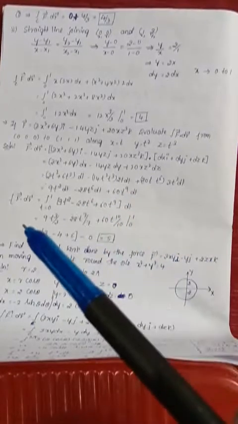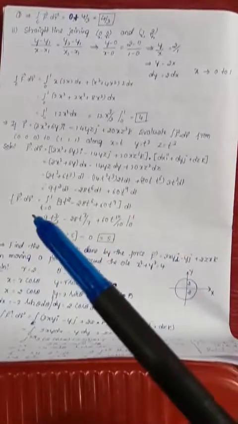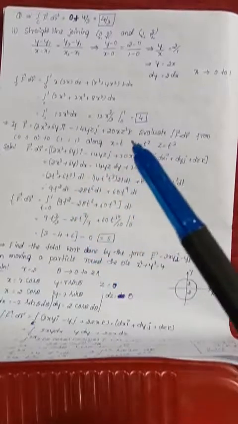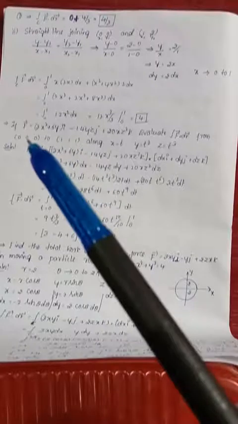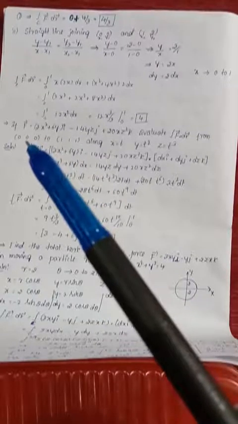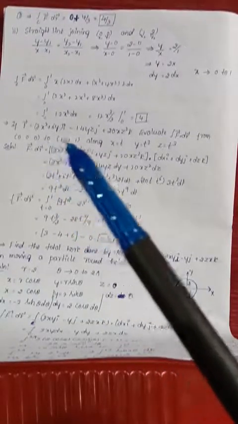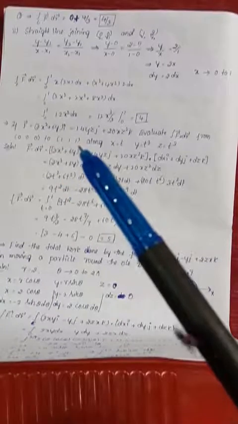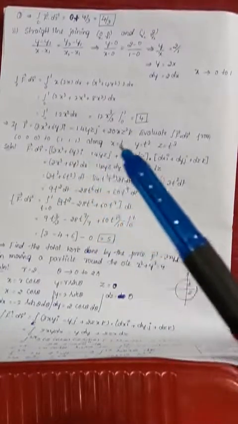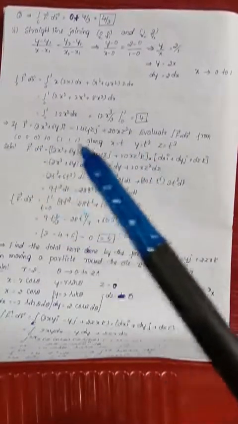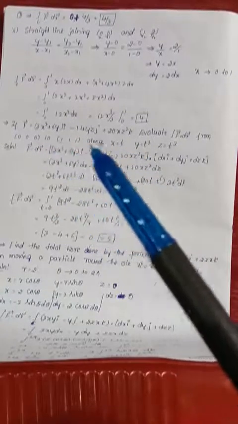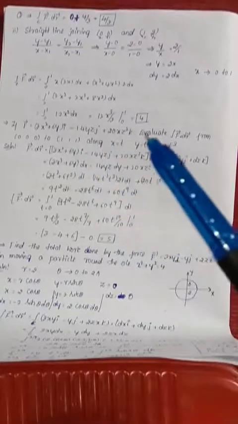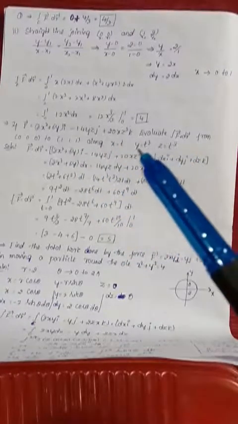Here we find the integral of c f dot dr. Here xyz are in terms of t, that's why we have to find the limit in terms of t. Here the point xyz, here also xyz. Take this point, we find the t limit. Take x is 0, t value is 0. Take x is 1, t value is 1. Same thing, we take these two, we get the same limit.